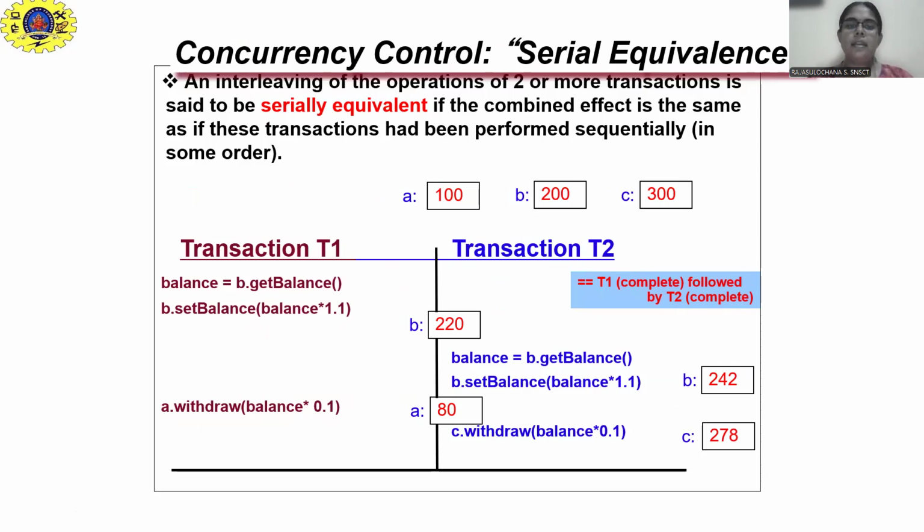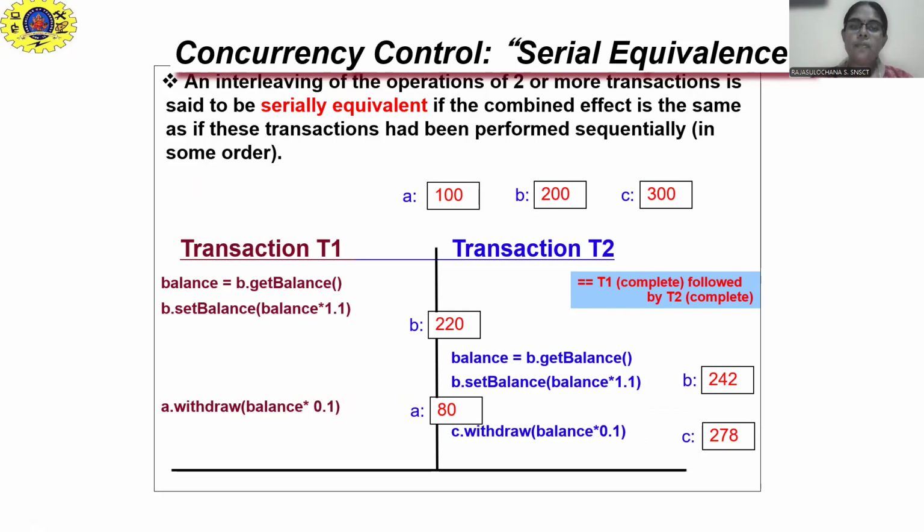Next is serial equivalence, checking if two transactions are serially equivalent or not. I'm talking about two concurrent transactions.